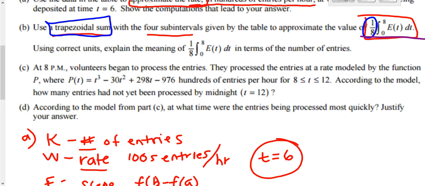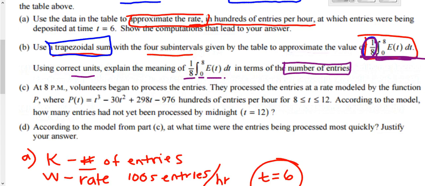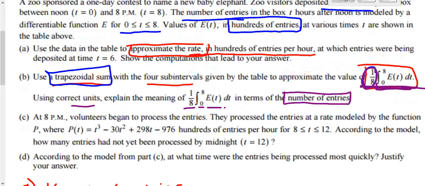So we've done this. Using correct units, explain the meaning of this in terms of the number of entries. So what does this integral have to do with the number of entries? Well, when we take an integral and we have a fraction out front, it means a couple things, but in this specific case, if we are looking from 0 to 8, this would be 1/8 minus 0, the integral from 0 to 8 of e of t dt.